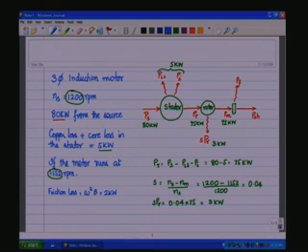Let us say. So which means 2 kilowatts goes off here. So what is available at the shaft is 70 kilowatts.